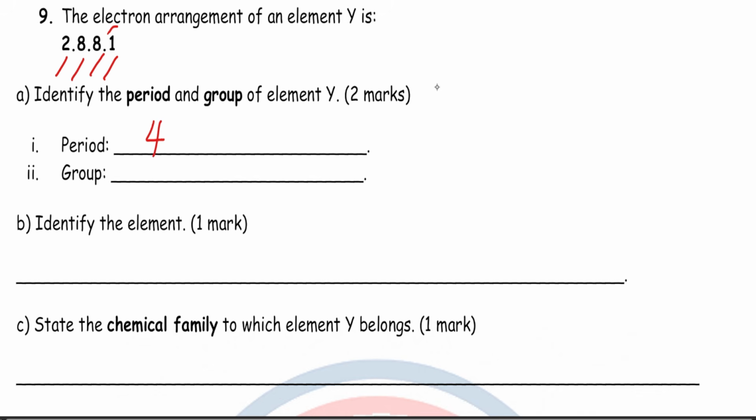For group, you look at the number of electrons in the outermost energy level, that is 1. So it's group 1. Make sure the groups are written in Roman numerals. So that's easy. Identify the element. It is potassium, whose symbol is written as capital K.